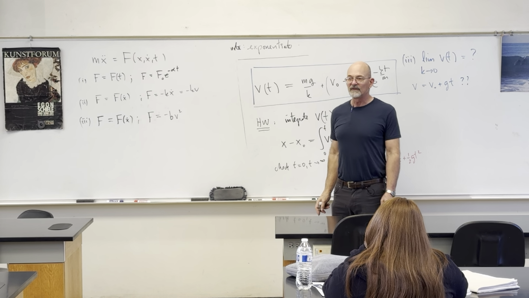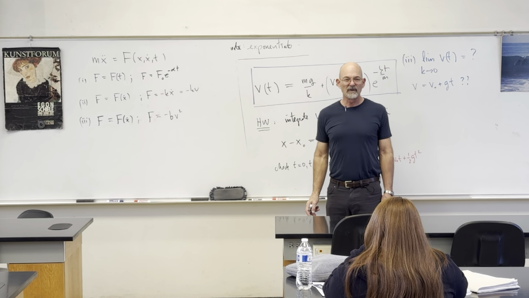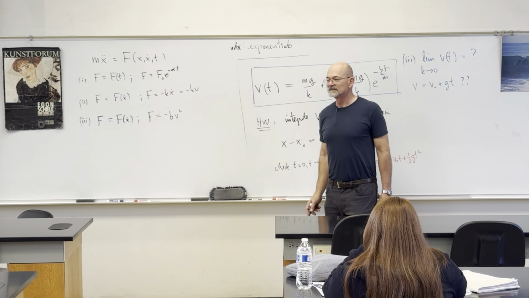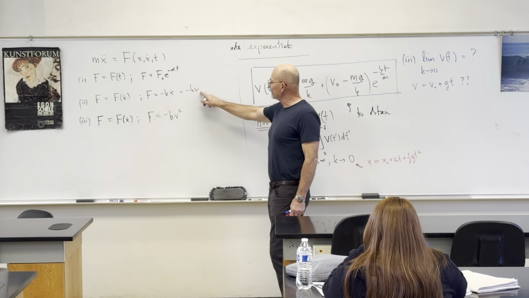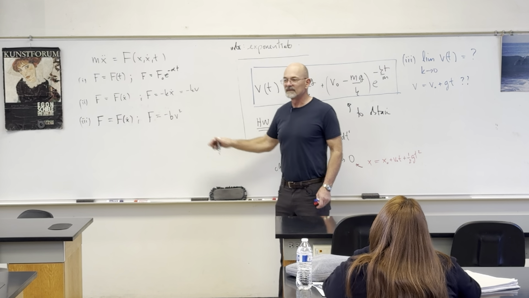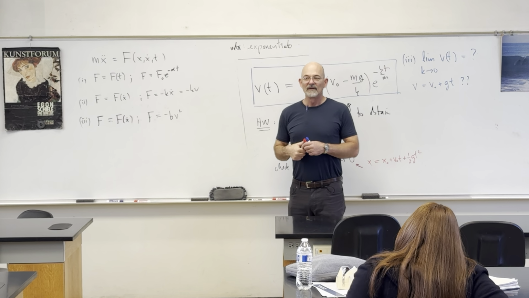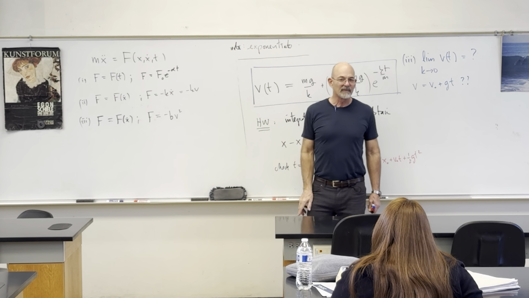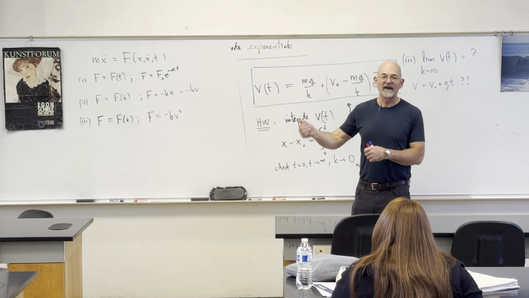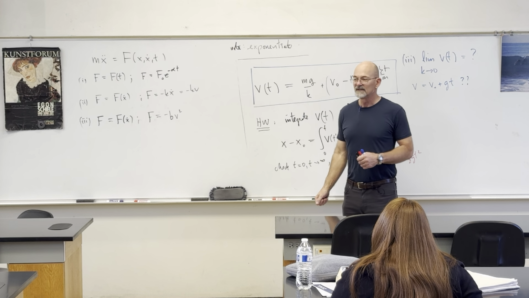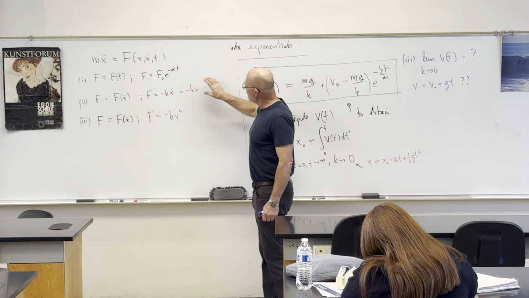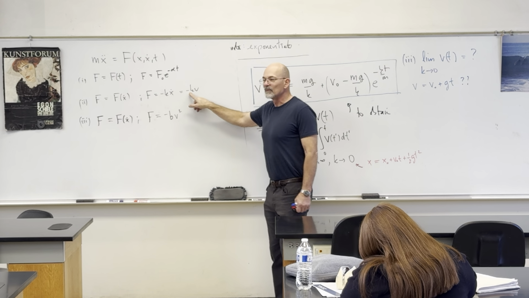What's the difference between these two? Have you ever heard about the difference between these two? One is proportional to b, one is proportional to b squared. Roughly speaking, this is the one for high speeds. This is why your gas mileage decreases when you're going really fast, because the law of friction is not just a simple one for all speeds.